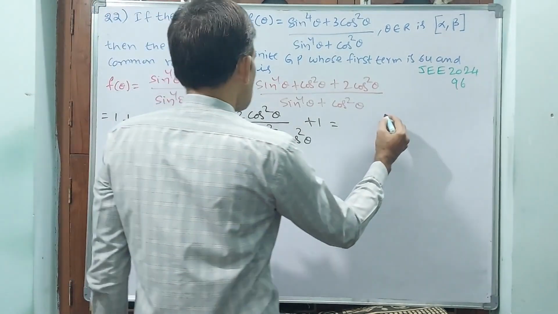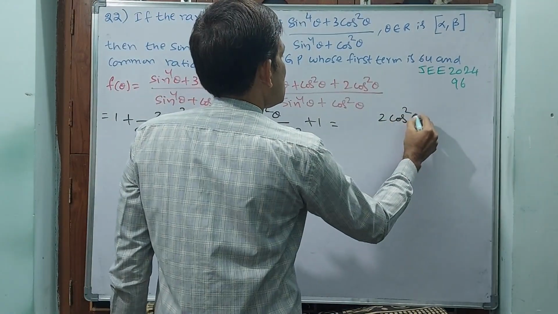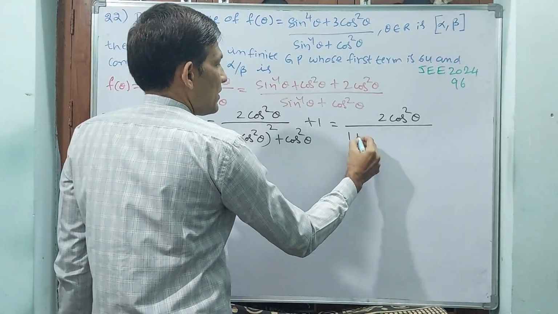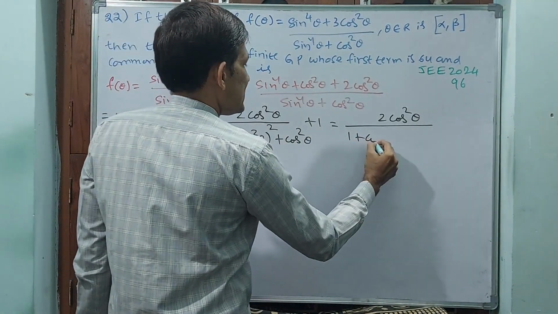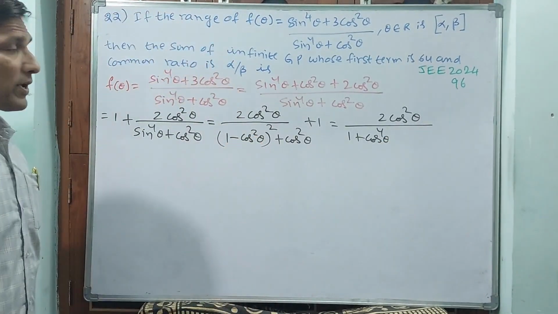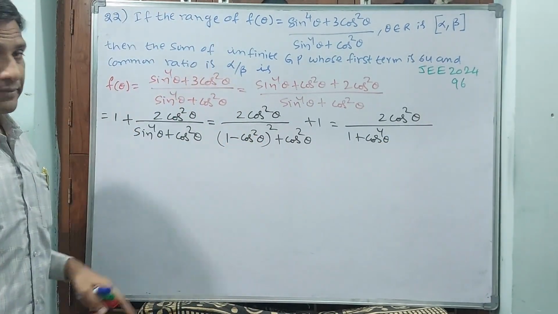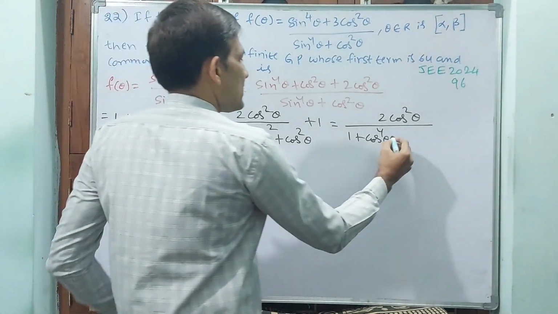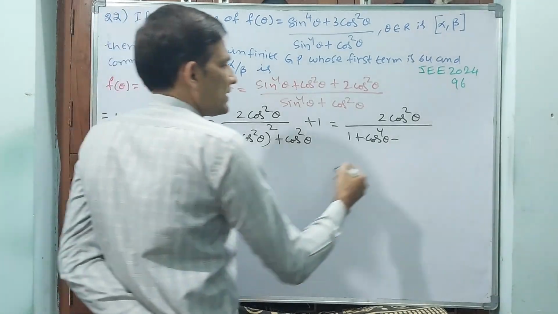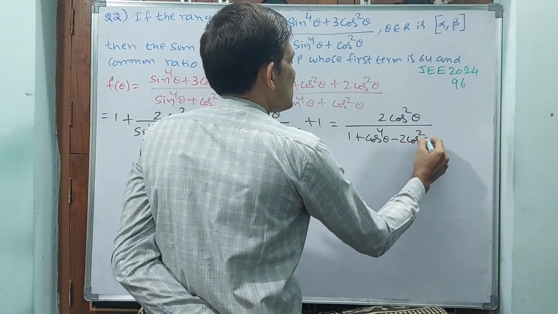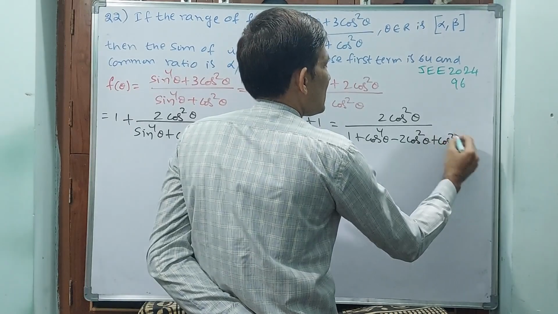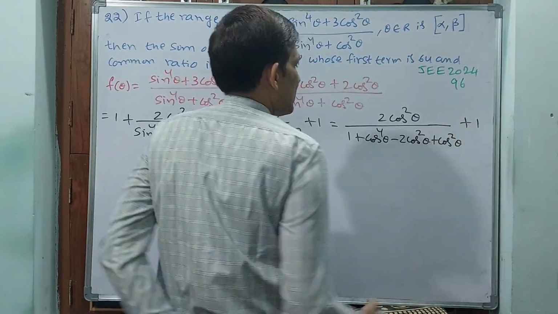Now write down 2cos²θ by a square plus b square. Now cos⁴θ has come, but earlier sin⁴θ was there. Minus 2cos²θ, but here plus cos²θ is there. Overall plus 1 is also there.